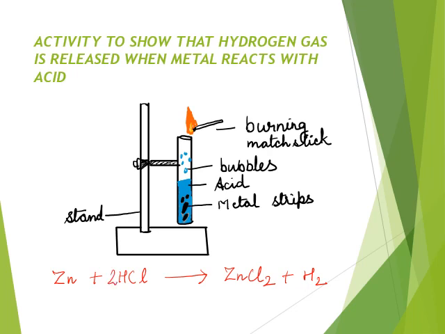So this is the chemical reaction for the process which I talked about in the chemical properties, that metals react with acids to form salt along with hydrogen gas, and the presence of this hydrogen gas is proved by the pop sound produced by the burning matchstick.